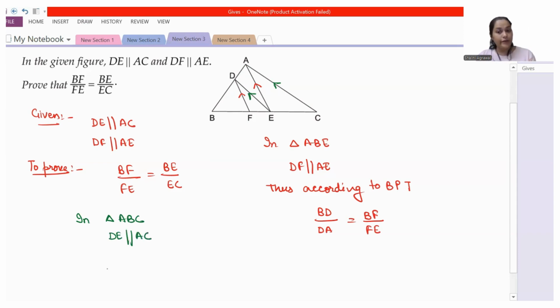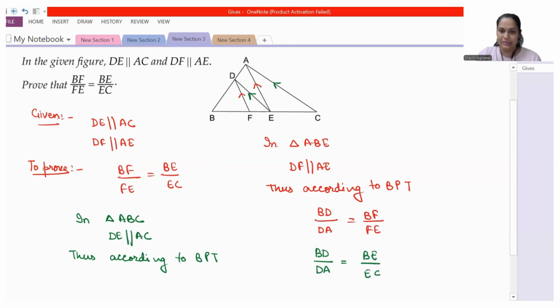So again, according to BPT, I can write BD upon DA is equal to BE upon EC. Right? I'll mark this as equation 1 and this as equation 2.